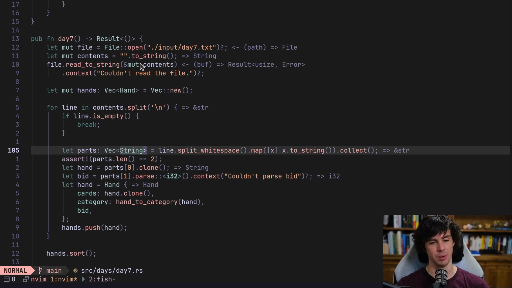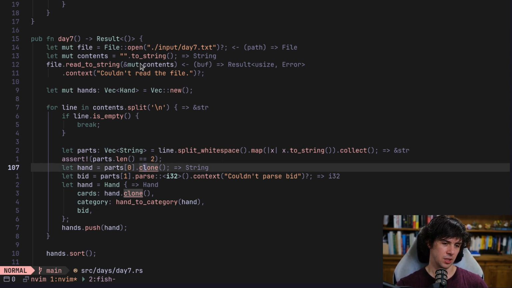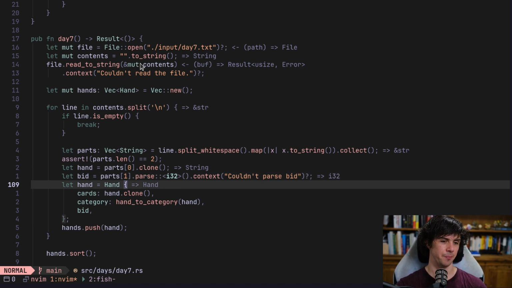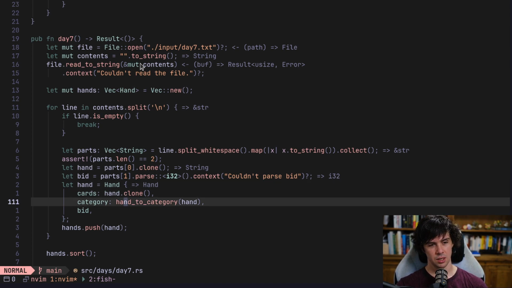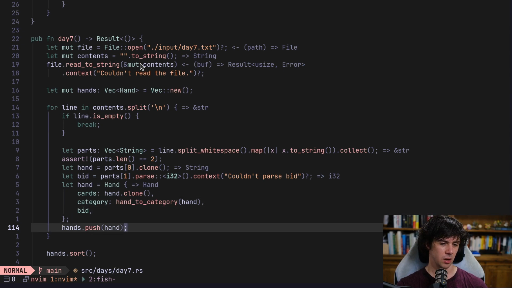We know that it's going to be a hand and a string value, but we do a little assert here to be sure. The hand is the first half, so that's the 5 characters that make up the cards. And then the second part is the bid, which we parse into a 32-bit integer. We then form a new instance of a hand structure, putting the cards, the category through our mapping function, and the bid into that structure, push it onto a list.